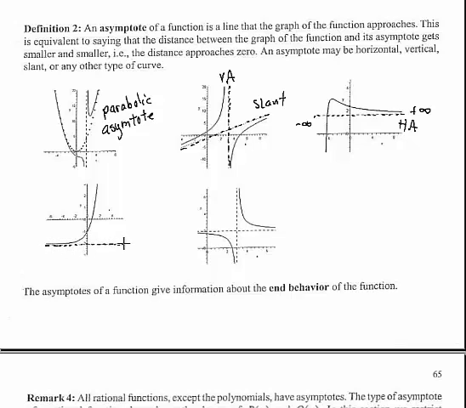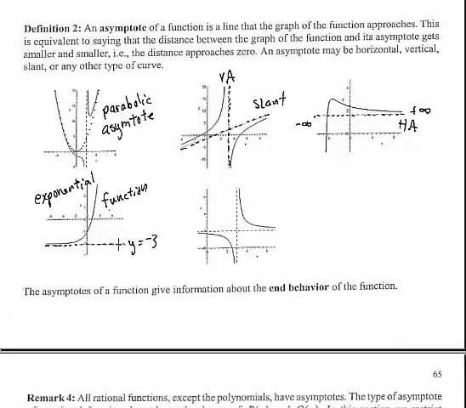Here is what looks like, what is this? Exponential function. And we'll talk about that in a later chapter, but it also has a horizontal asymptote. As this function travels towards negative infinity, it gets closer and closer to this value of y equals negative 3, but it will never cross it.